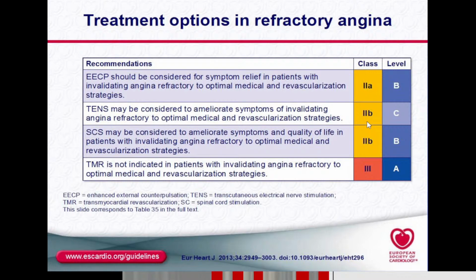Two other approaches, like transcutaneous electrical nerve stimulation or spinal cord stimulation, may be considered to ameliorate symptoms of invalidating angina refractory to optimal medical and revascularization strategies. Both approaches, but class of recommendation is 2B, may be considered.